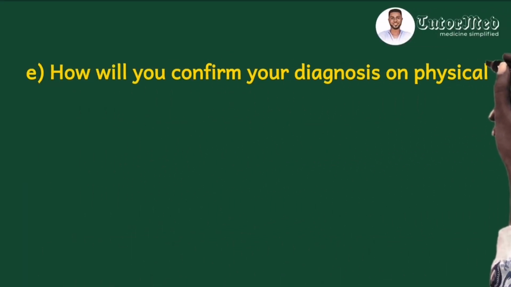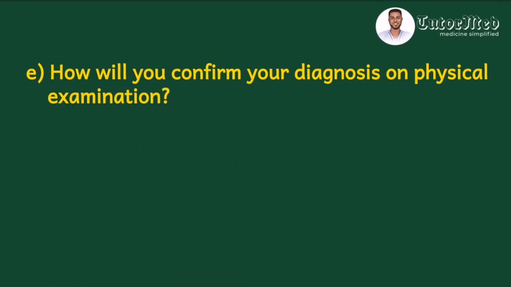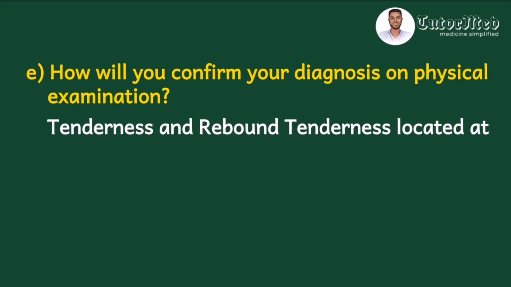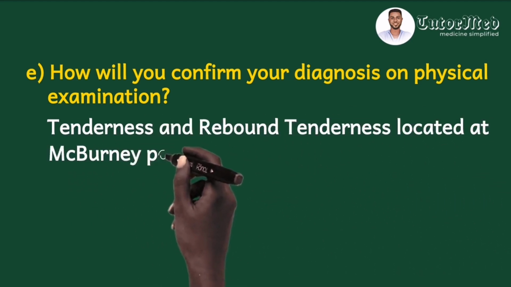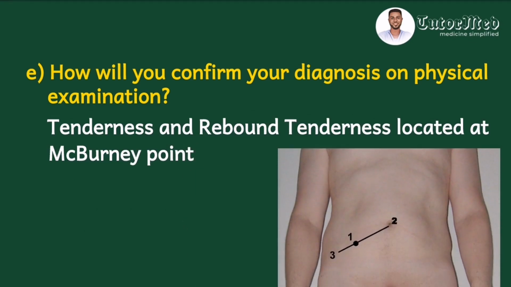Now, the fifth question says, how will you confirm your diagnosis on physical examination? The instruction is physical examination. And so, in acute appendicitis, the confirmation is that you would have tenderness and rebound tenderness located at McBurney's point. And this is a picture showing McBurney's point.